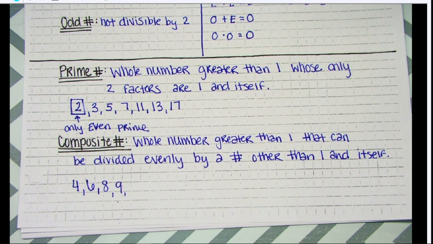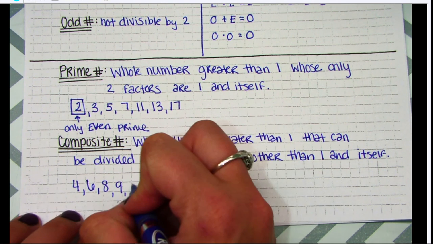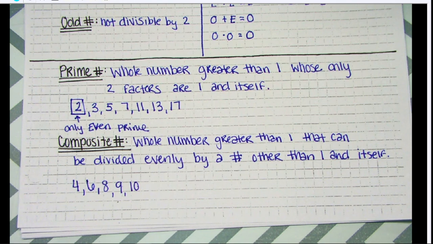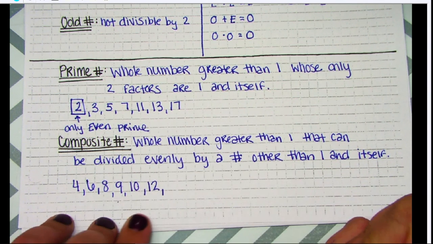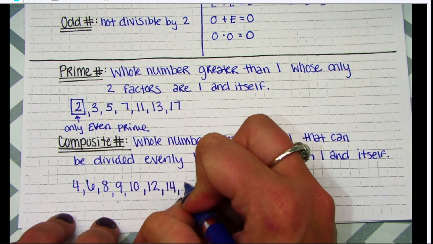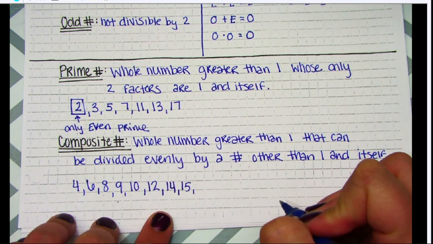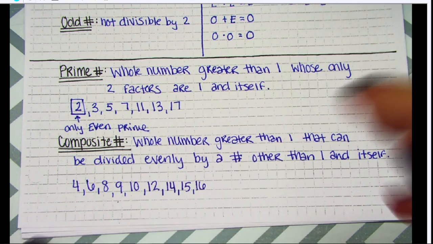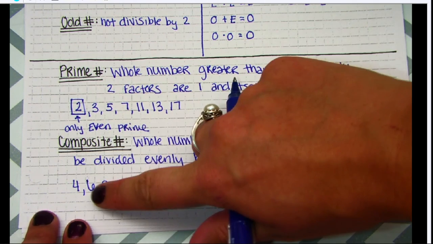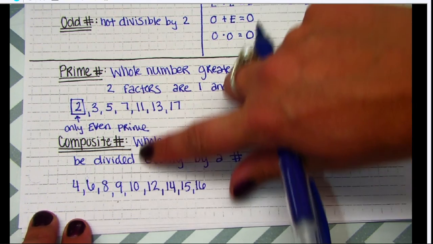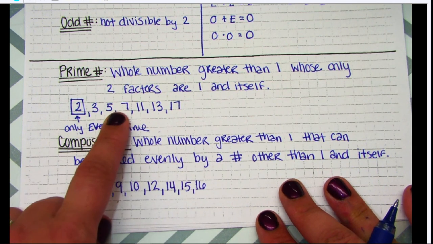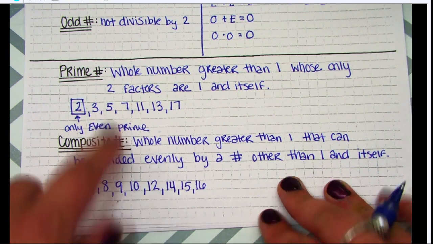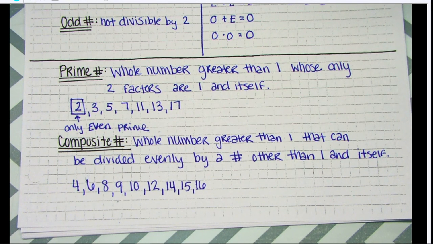Then what's after that? Not 12. 10. 5 times 2. Now it's 12. Then it's 14. Then it's 15. Good. 16. Notice how it's basically filling in the blanks of the prime numbers. So like prime, I go 2, 3, 5. Well, the 4 fits right here. So they just kind of fill in the blanks.